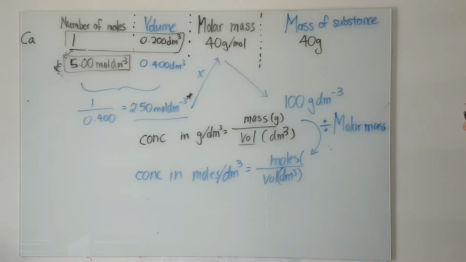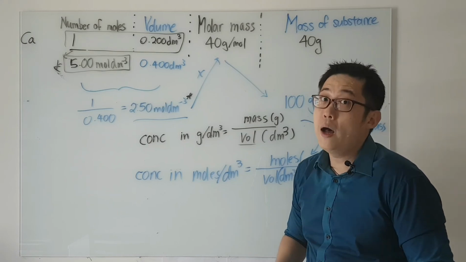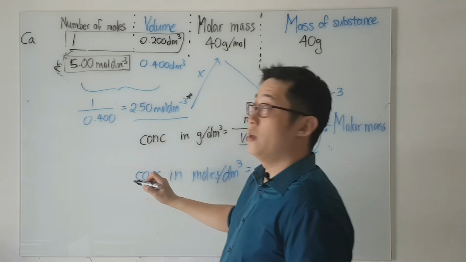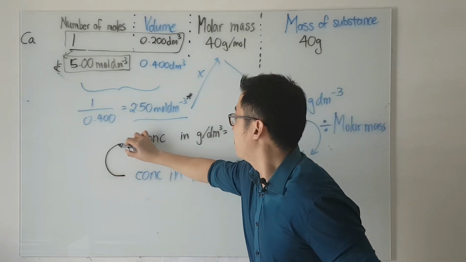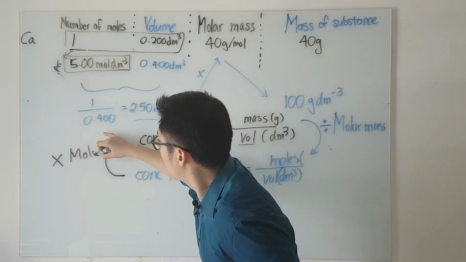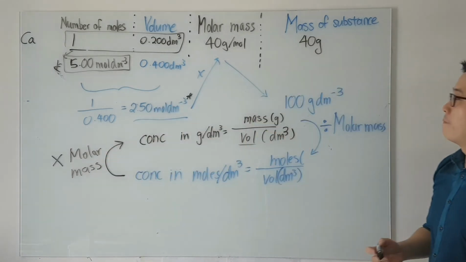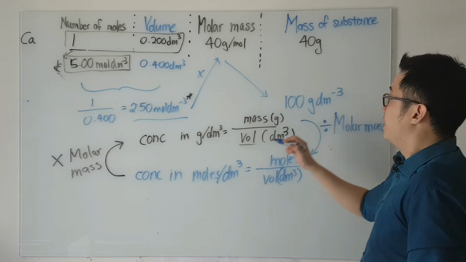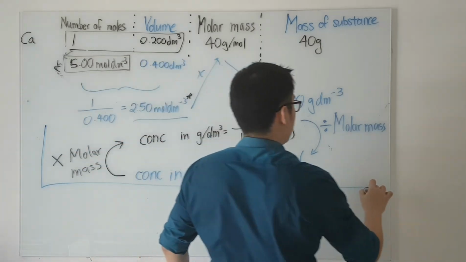And if I want to get the concentration in grams per dm cube, all I need to do is to take the moles per dm cube concentration and multiply by the molar mass. So students, for this 9.7 chapter, this is the main thing you need to understand.